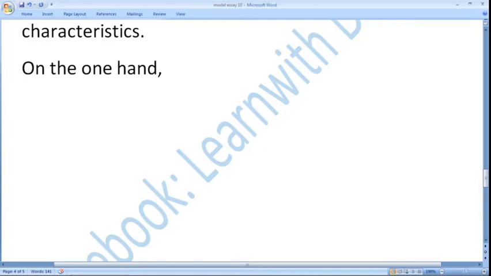I have to give a body topic sentence. I am going to use a gerund here. Wearing, use of gerund, very advanced grammar.